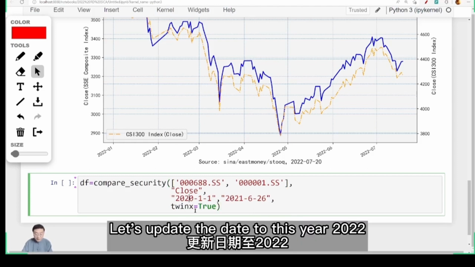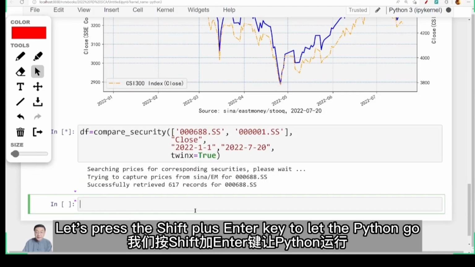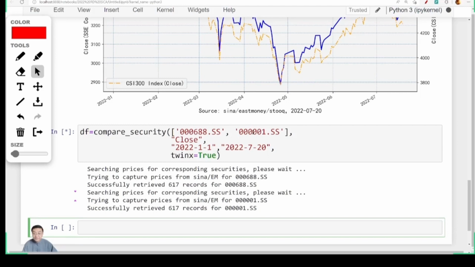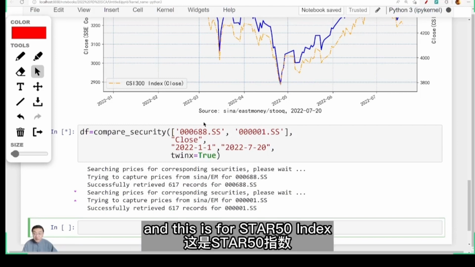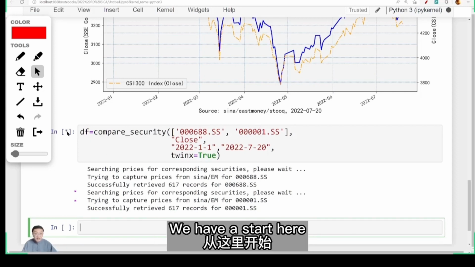Let's update the date to this year, from January 1st, 2022 to July 20th, 2022. Let's press Shift plus Enter to let Python go. This is for the SSE Composite Index, and this is for the Star 50 index. We have a star here.